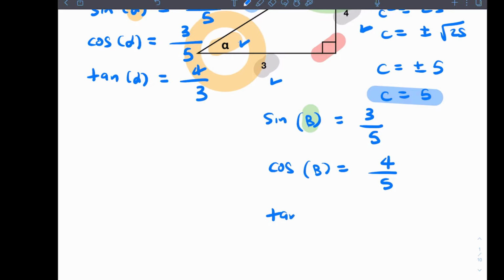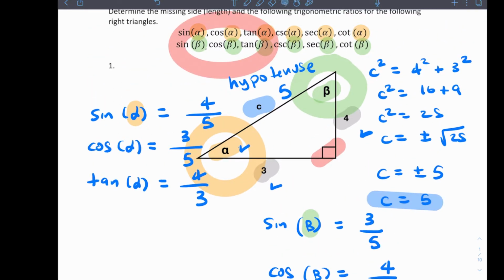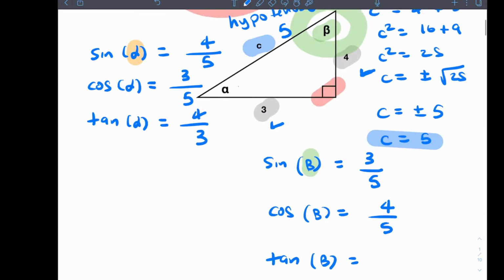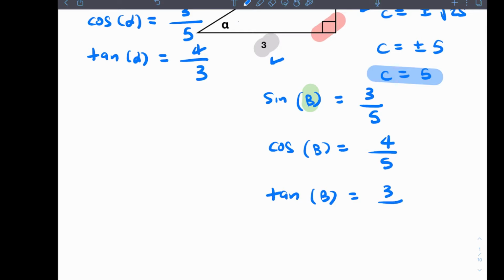Okay, and now for tangent of the other angle, beta. Opposite beta is 3. Adjacent is what? 4. So this ratio will be 3 over 4.